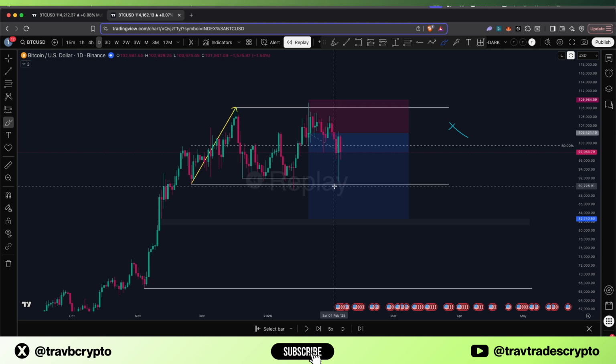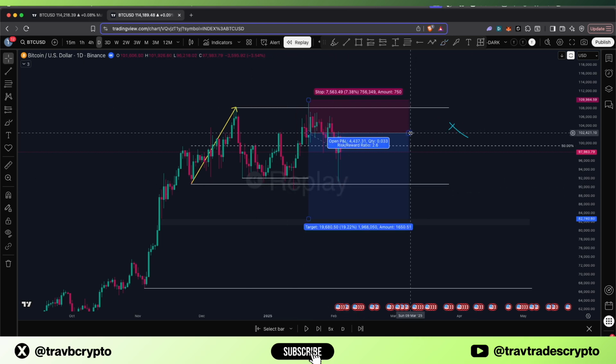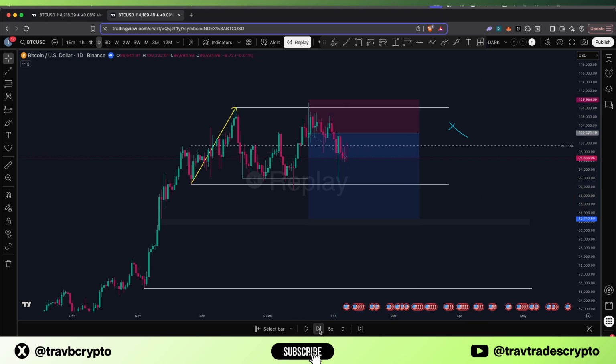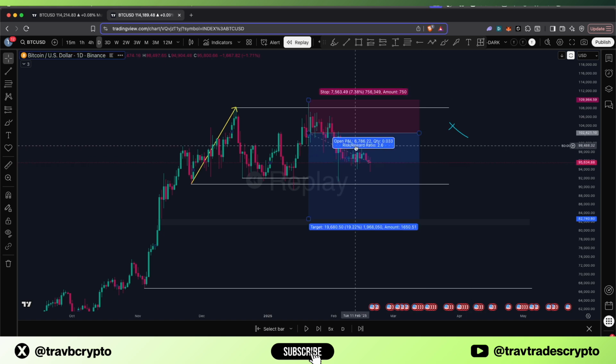You can see it's having that reaction towards these lows again. You can see this interaction at the mid again.